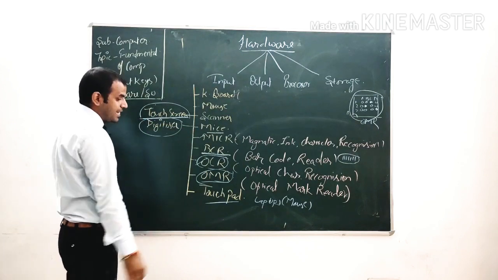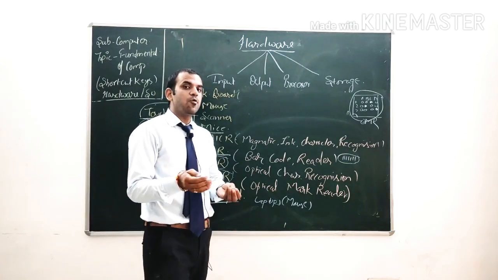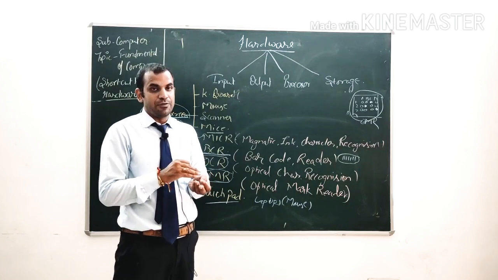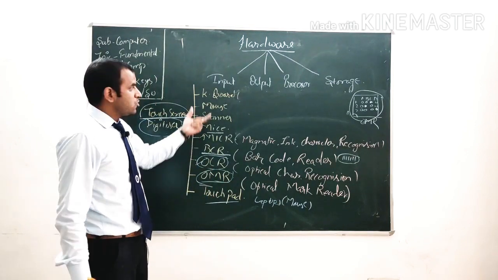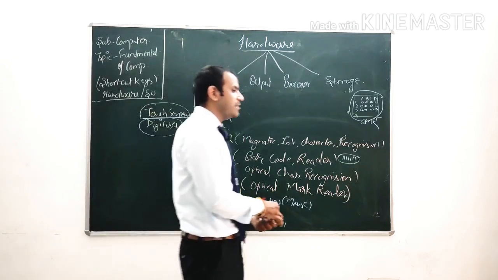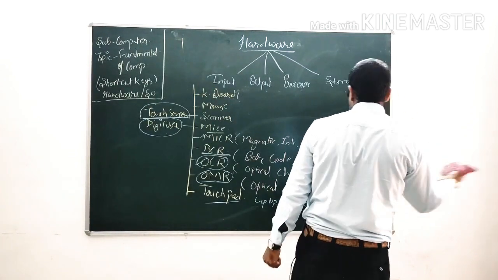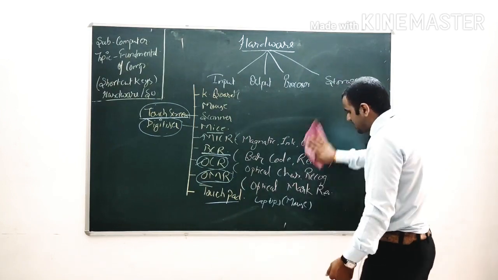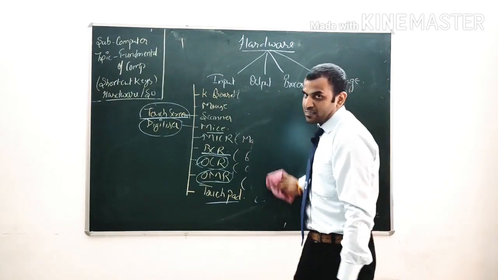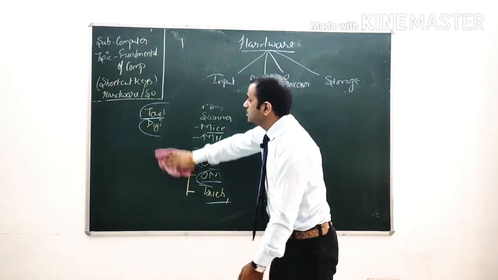Digitizer is an area inside the mobile phone, so it is also an input device. Okay, so these are the input devices basically used by the user like you. I think there is not a single confusion. If there is a confusion, you can comment on the video.